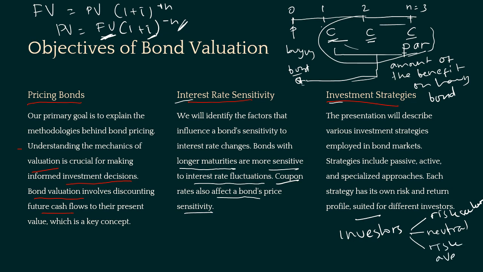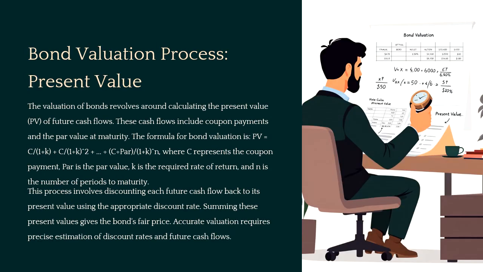So the strategy should comply with the type of investor. Okay, so this is the process of present value in narrative description. I will go to the next slide.